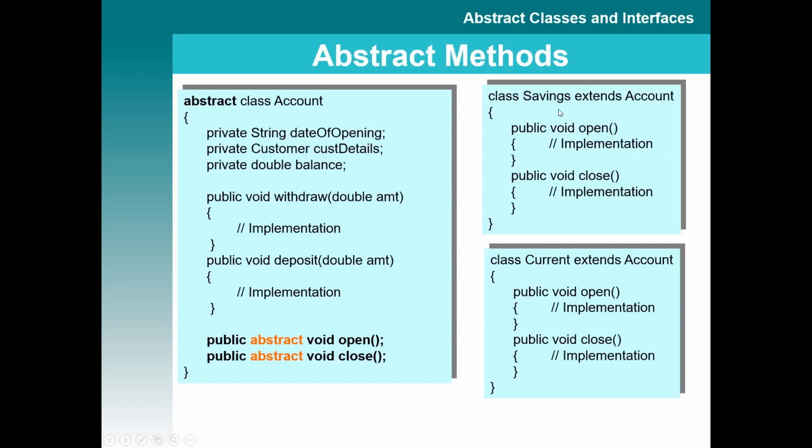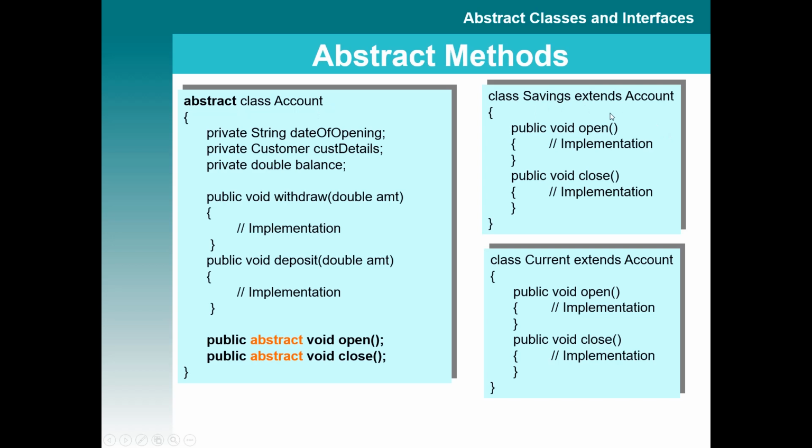And when we create specific subclasses, such as savings or current accounts, the compiler forces us to override the inherited abstract methods. That is, since we are inheriting from account, it forces us to override the open and close methods. So, as I said, abstract methods are like incomplete methods, and abstract classes are like incomplete classes.